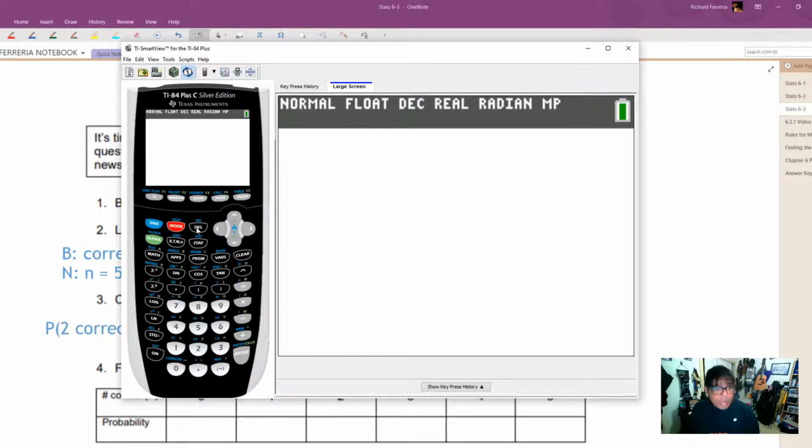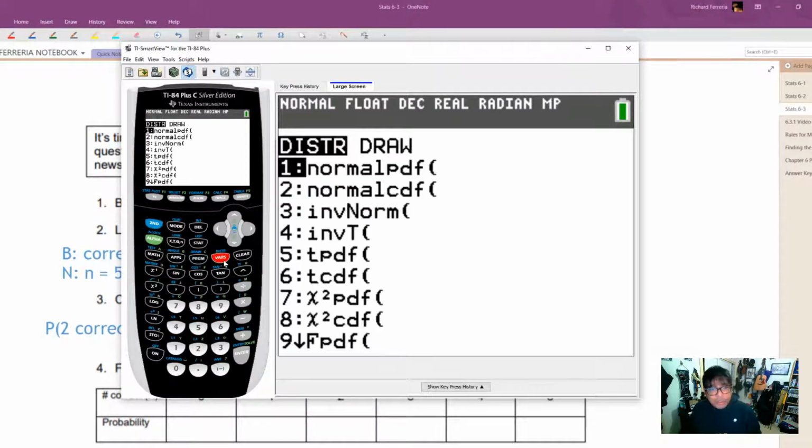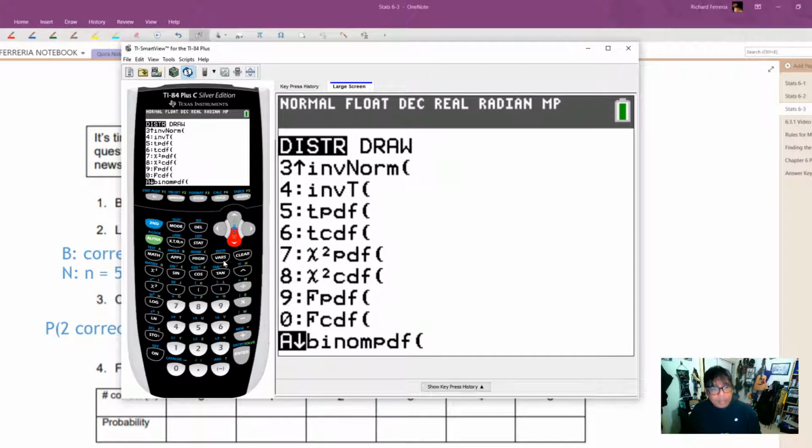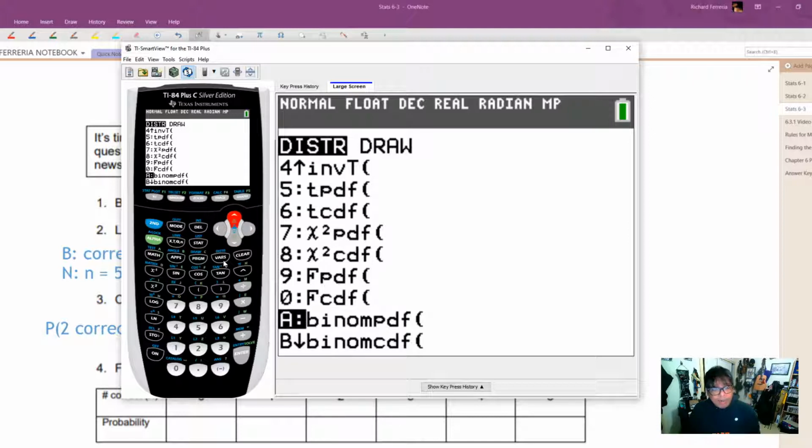If we grab our calculator and go to 2nd vars, which is the distribution menu, and we scroll down, we will see binomial PDF and binomial CDF. Right now, we're going to stick with binomial PDF. If you use it a lot, you probably would just memorize that this was A, and you'd push alpha A every time you wanted binomial PDF.